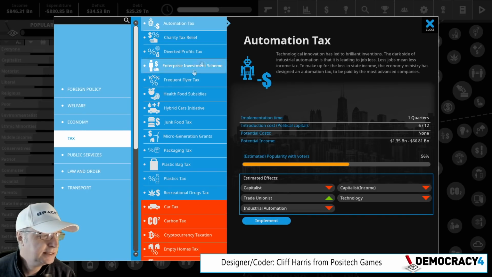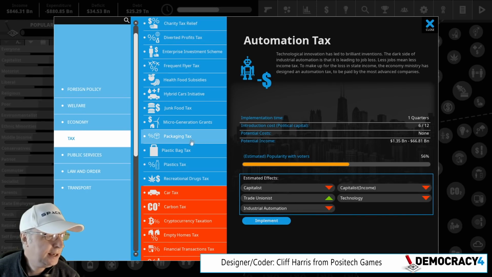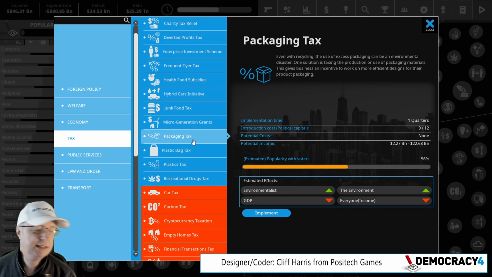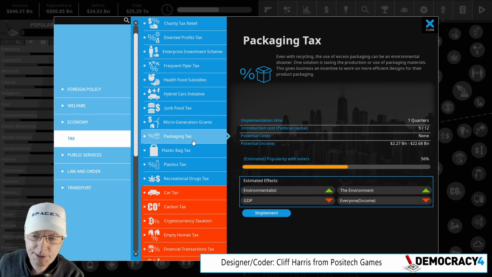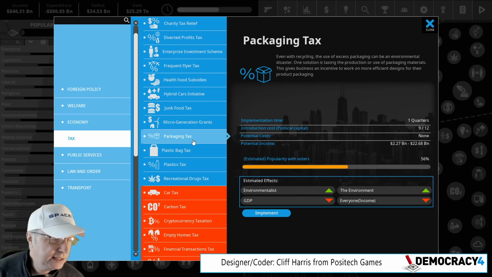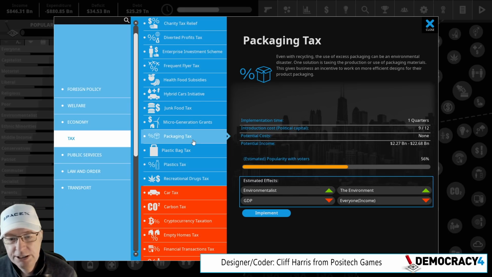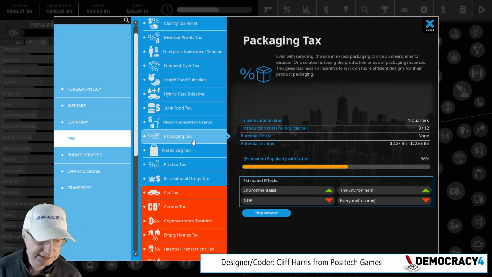Then we've got 2 new taxes. So we have the packaging tax and the plastics tax. So packaging tax, I wish we had a packaging tax in the UK. It states the obvious really. The environment likes it. Environmentalists like it. GDP takes a hit from it because you're basically saying to companies now, rather than just sticking everything in whatever cardboard box you've got, we're going to charge you for that cardboard box, we're going to tax cardboard or whatever.